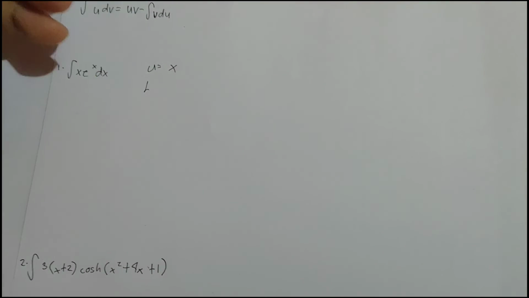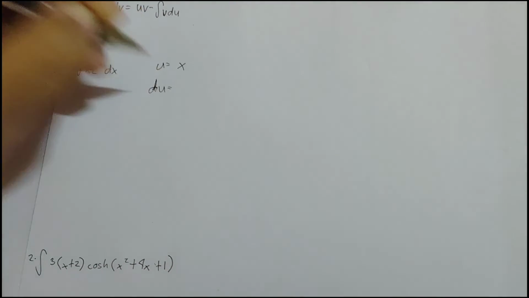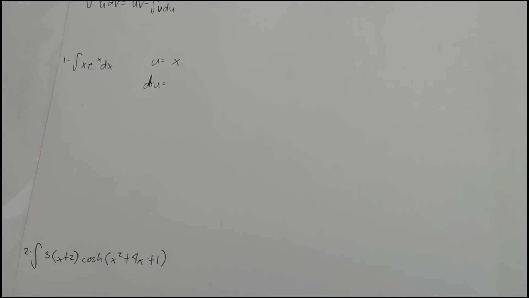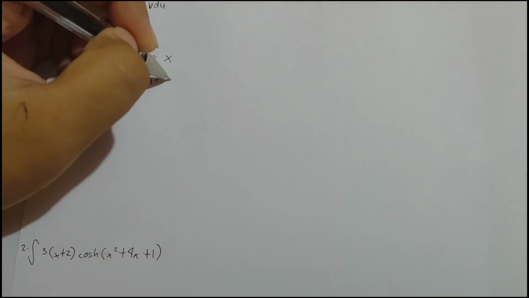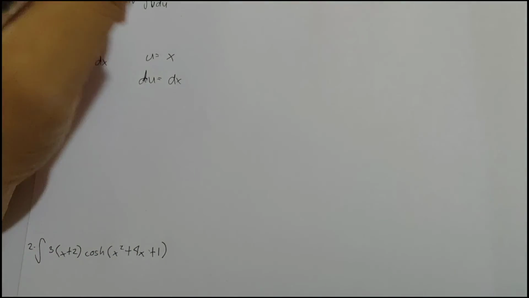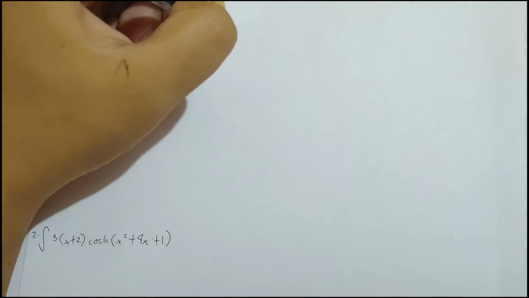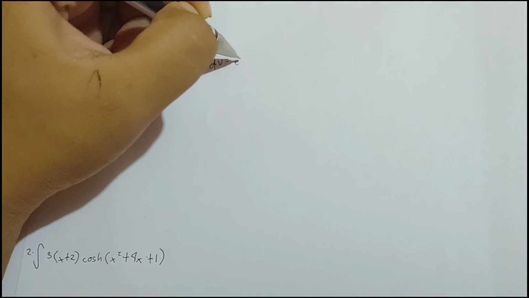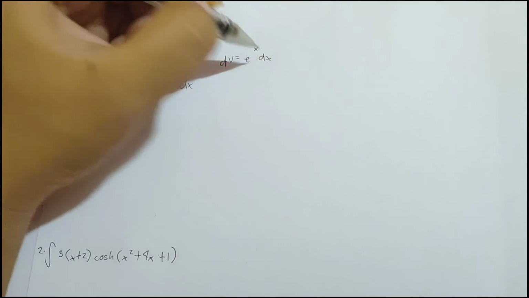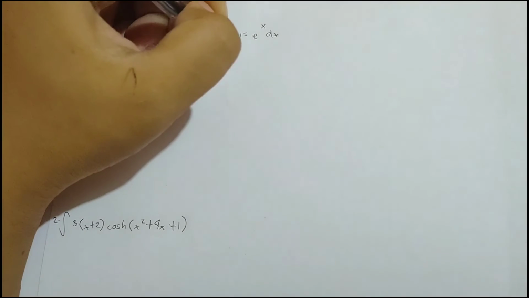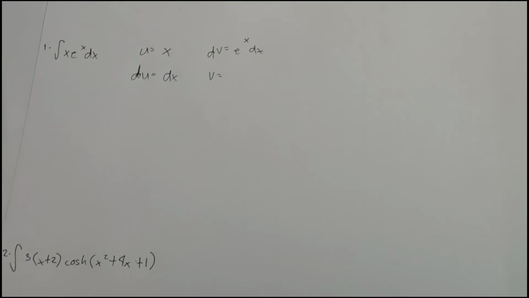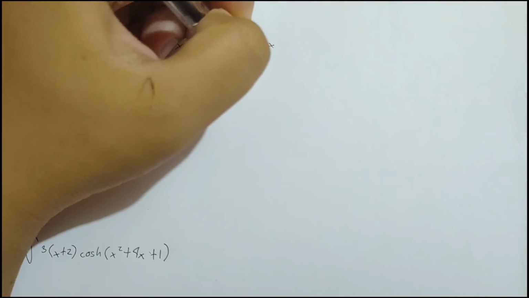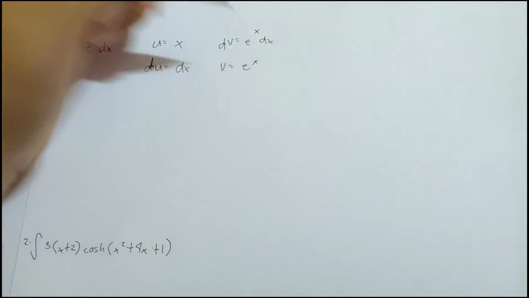Our du, the derivative of u, is dx. Our dv is e raised to x dx, and our v is the integral of dv, which is e raised to x.